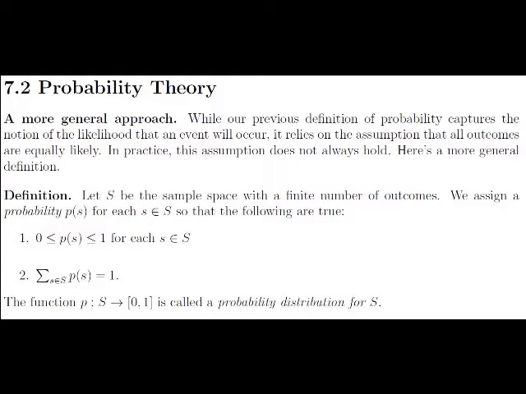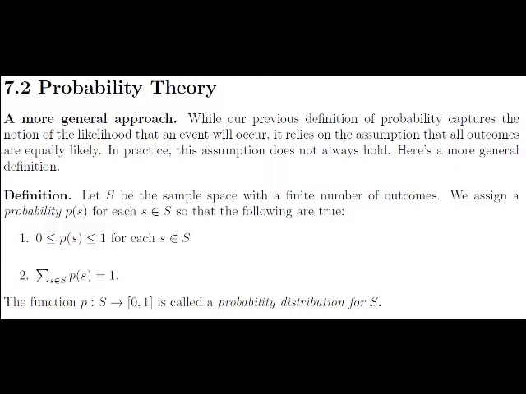So the definition is, if S is a sample space with a finite number of outcomes, we assign a probability P of s for each s in that set, such that the probability of any event is between 0 and 1, which is very important. And if you add the probability of every element in the sample space, that adds up to 1. The probability of the whole sample space is 1.